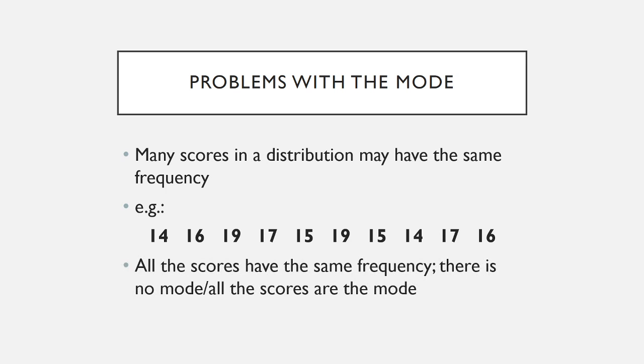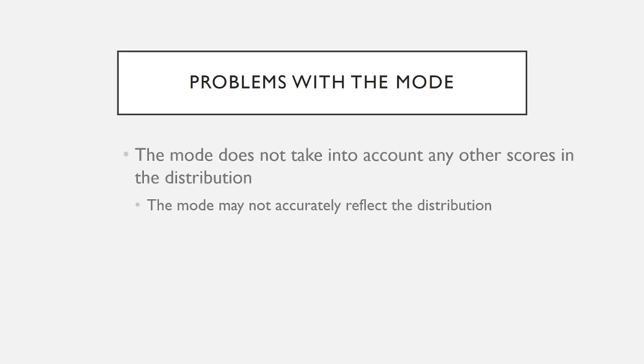It appears that every single score appears twice. What that means is that there's either no mode or that all scores are the mode. Theoretically, it doesn't matter which, because it's not informative either way you slice it. The mode for data that looks like this is basically entirely useless.